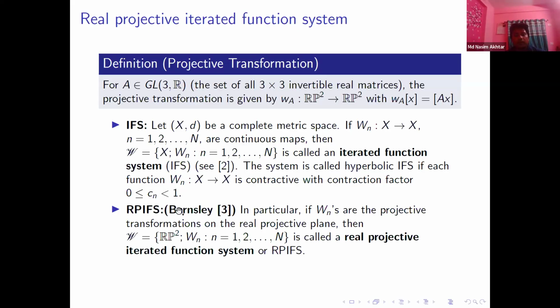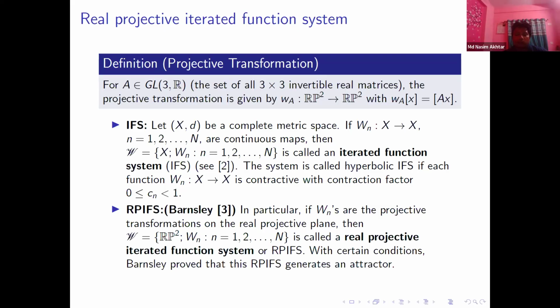Similarly, Barnsley defined what is known as the real projective iterated function system. Here, they have taken the space RP2 together with the projective transformations, and they call this the real projective iterated function system, or RPIFS. They also proved that under certain conditions, this RPIFS generates an attractor.